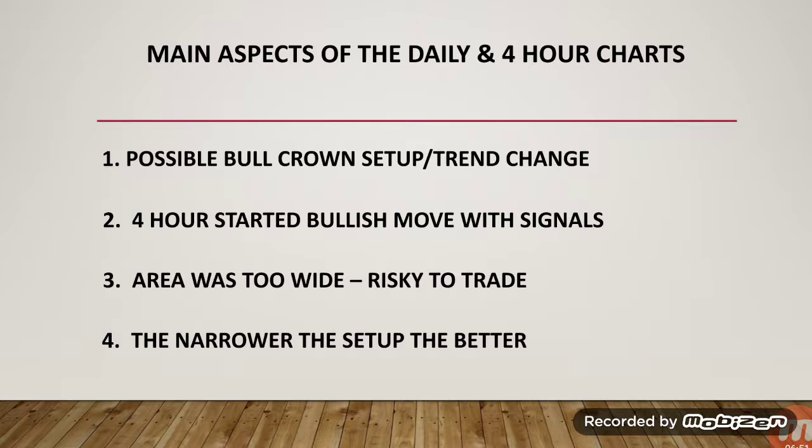But in most cases, when the market is forming a setup that is a little bit too wide on a 4-hour chart, then it is usually fairly risky to trade because it opens up the possibility of reversal and that the market could change its setup to something else before it actually moves either in the direction that we were expecting or in the opposite direction altogether.